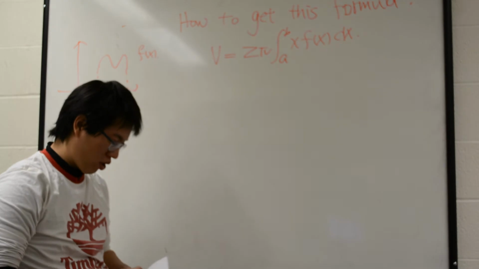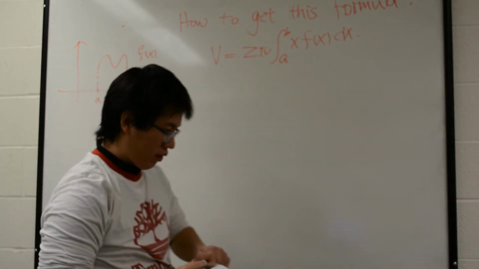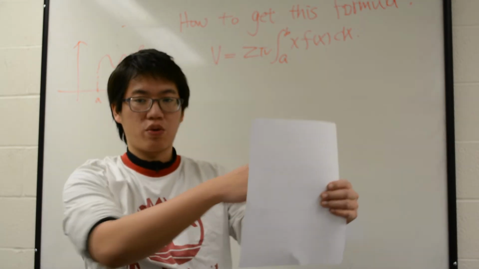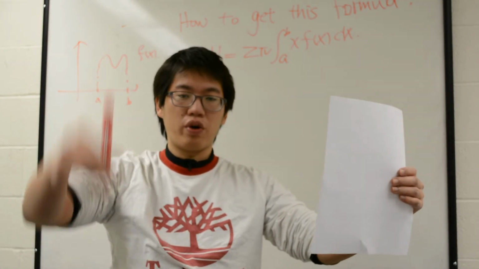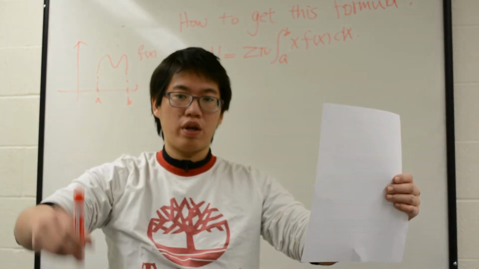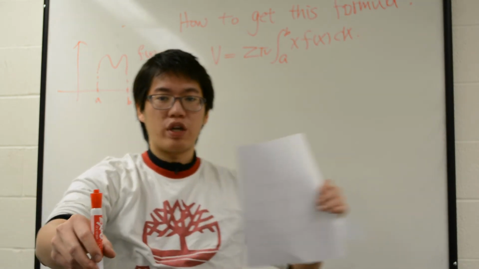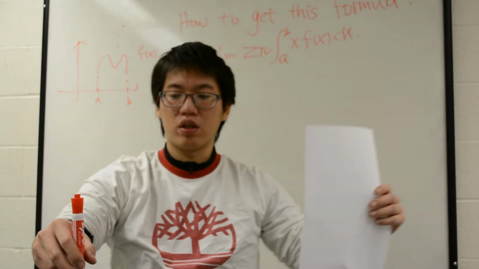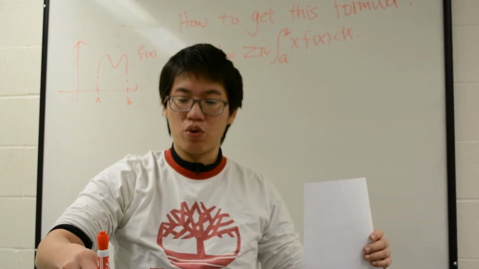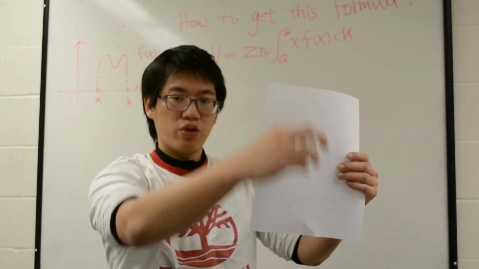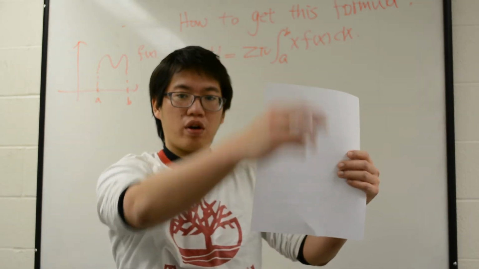Okay, so first think about this. You have a square, and this is your x equal to 0, the y-axis, and you rotate it. You rotate this square about x equal to 0. Okay, and you consider each slice on this square.